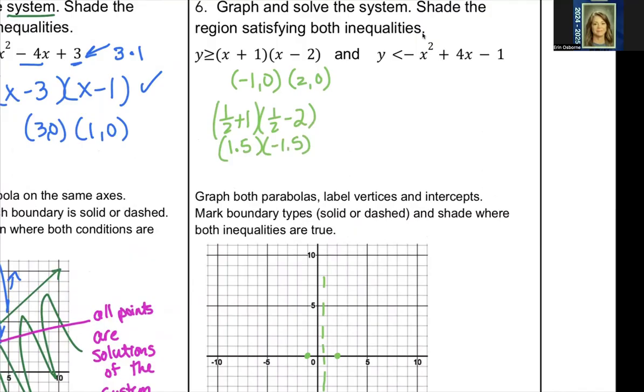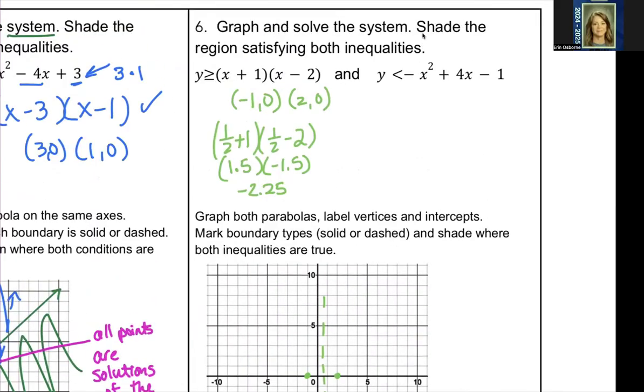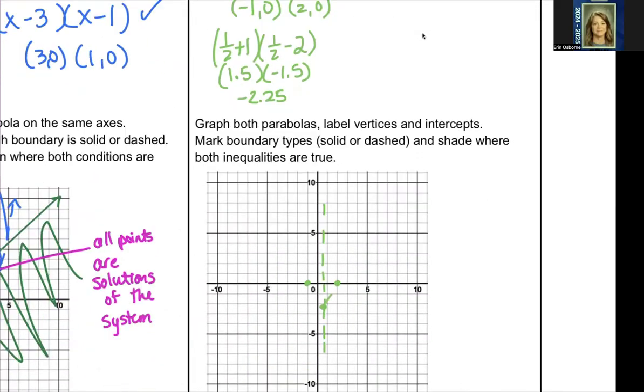Those often will match like that. And if you remember from the previous one where we got those, negative 2.25 is what you get when you multiply those. So now you know where to plot your vertex on your line of symmetry. This parabola should be solid. I'm not going to graph any more points because of that half situation, and 3 points gets the job done.